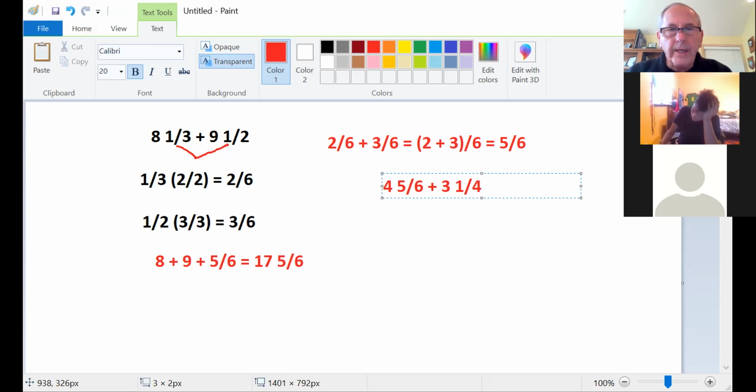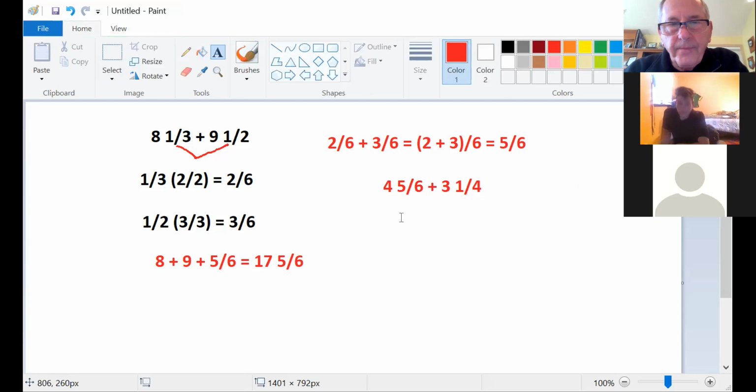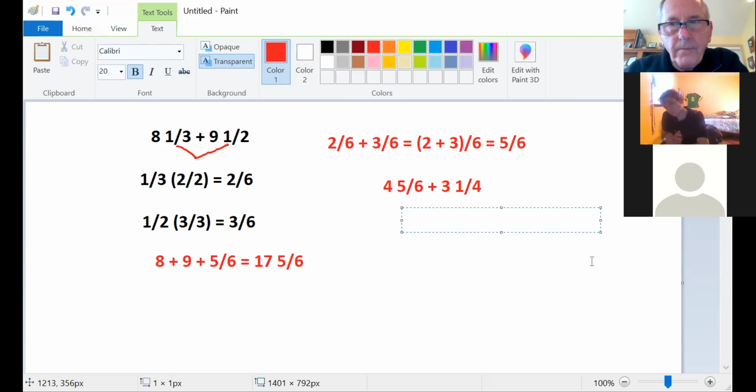Let's say 1/4. Okay, so I look at 6 and I look at 4. I'm looking at my denominators here. What would be a common denominator I could use to add these two fractions together? What would it be?